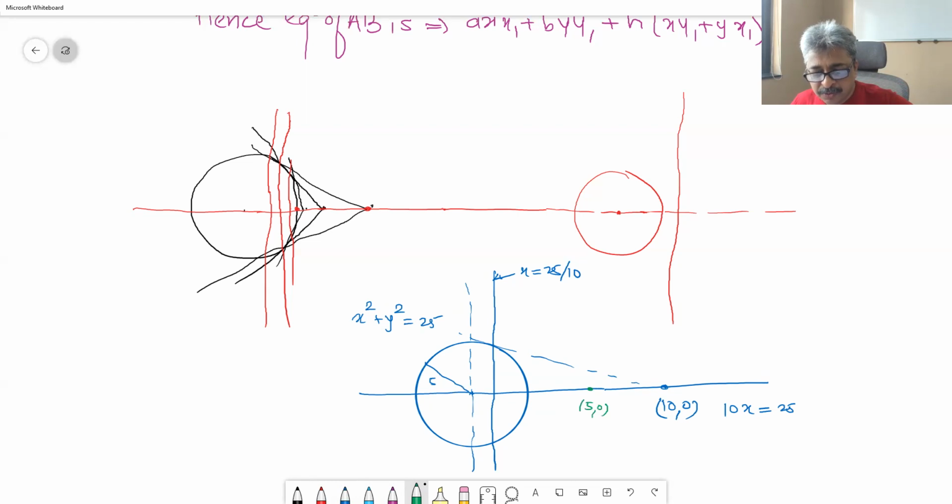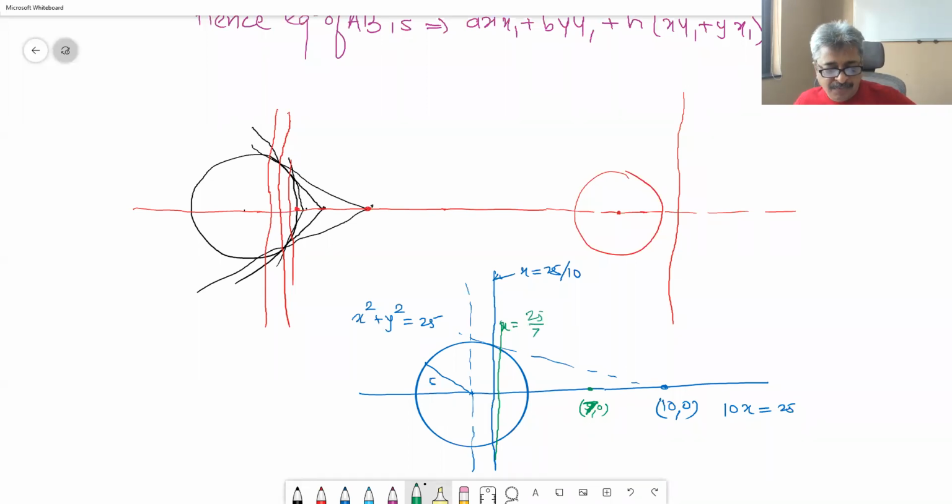(5, 0). What will be the equation of chord of contact? Sir, it's a tangent. Sir, (5, 0) is on the circle. So let us take (7, 0). The equation of chord of contact will be 7x is equal to 25, therefore x is equal to 25 by 7.